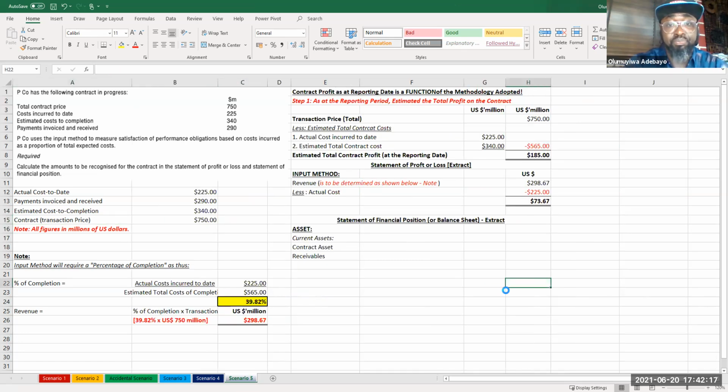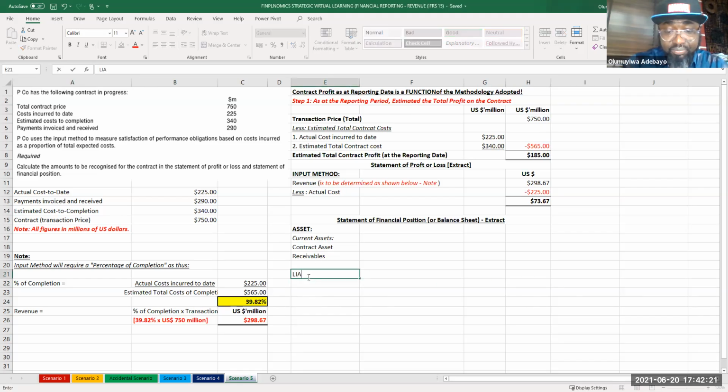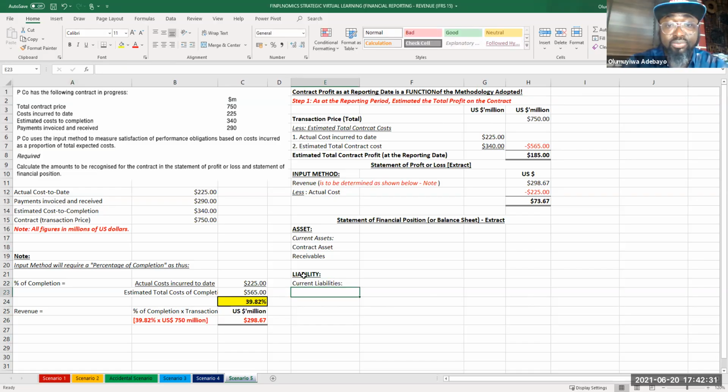Okay. Now I have the liability section. Also within the liability section, I have current liability, if any, for contract liability.